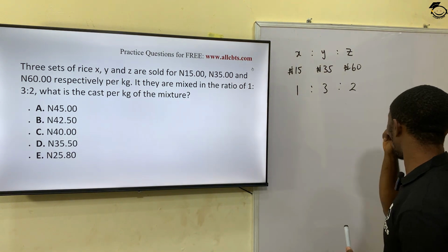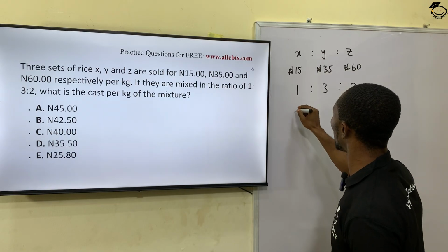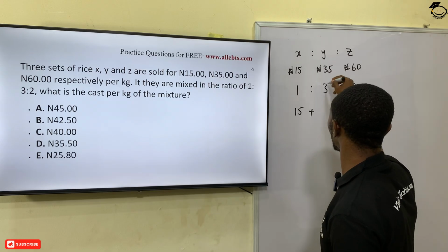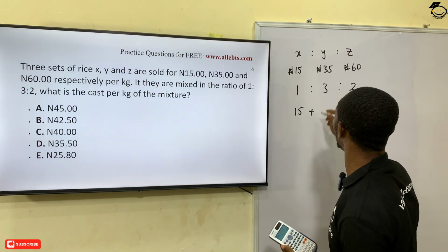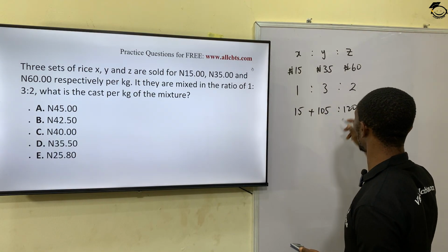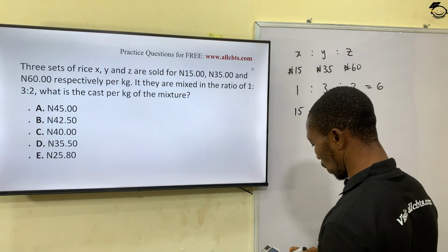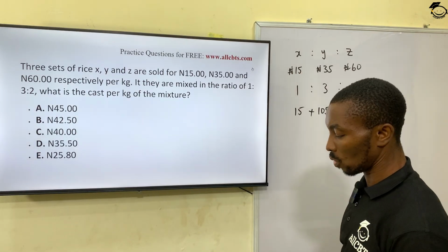Now, if they are mixed in this ratio, this will become 15 times 1, 15, plus 35 times 3 would give us 105, plus 60 times 2, this will give us 120. Our total ratio here is what? 6.